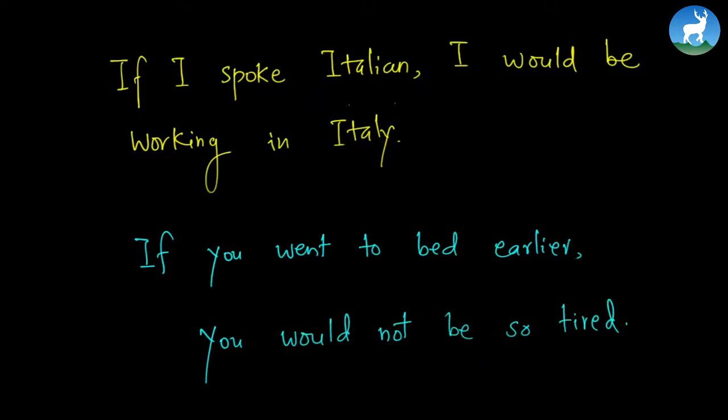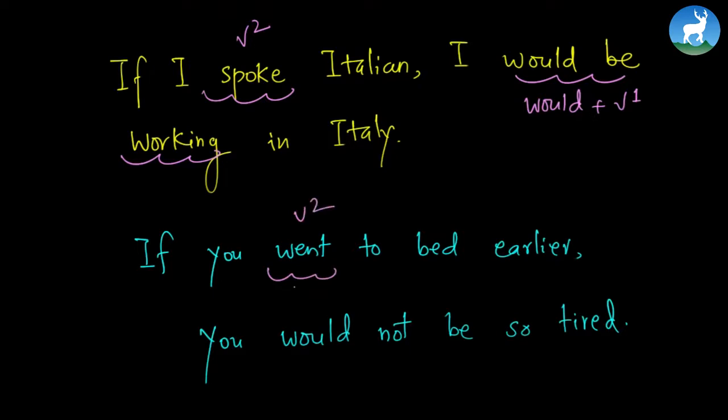Let's underline. If I spoke Italian (V2), I would be working in Italy. So it is would plus V1, and we have another, VING. If you went (V2) to bed earlier, you would not be so tired. So would plus not plus V1 is used.